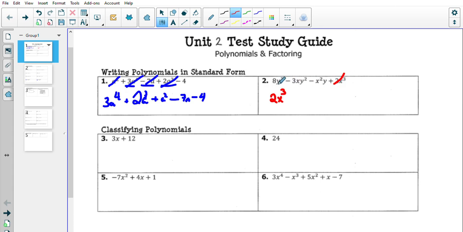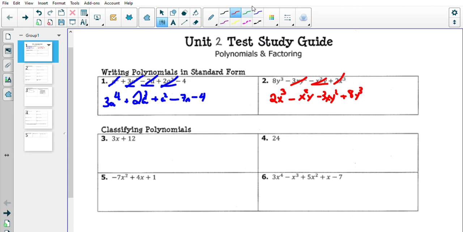Then we look at again at our x's, no x, x to the first, and then we have our x squared, which is a minus x squared y for that term. And then we only have one other x term left, which is the minus 3xy squared. And then we're left with a positive 8y to the third.